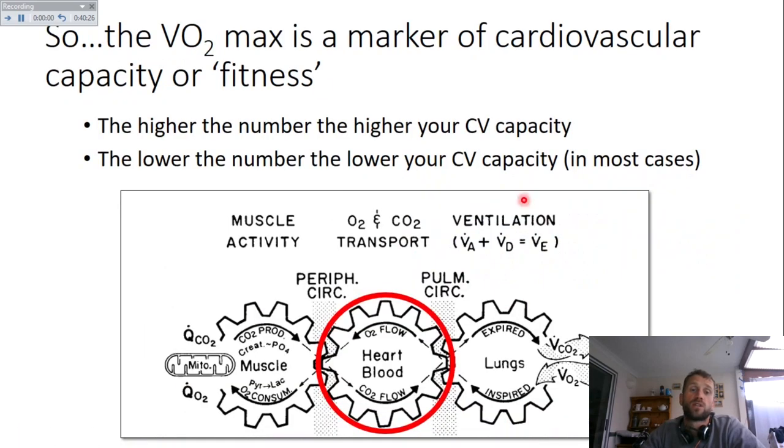And that is why you've heard that term so many times before. The VO2 max test in healthy people is a marker of cardiovascular capacity or cardiovascular fitness. That's why it's called a cardiovascular test, because it's primarily the heart that differentiates between fit and unfit people and trained and untrained individuals.